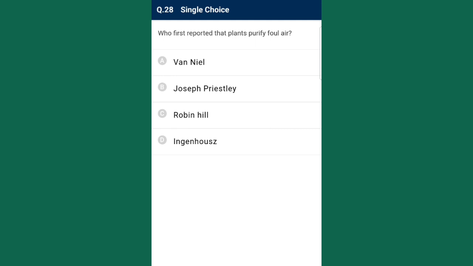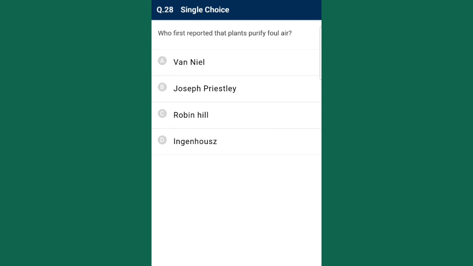Question number 28. Who first reported that plants purify foul air? Joseph Priestley was an English preacher who was well known for his work on gases. He studied the role of gas in alcohol fermentation and researched the properties of the gas, especially carbon dioxide, and by adding it to water, he invented soda water.